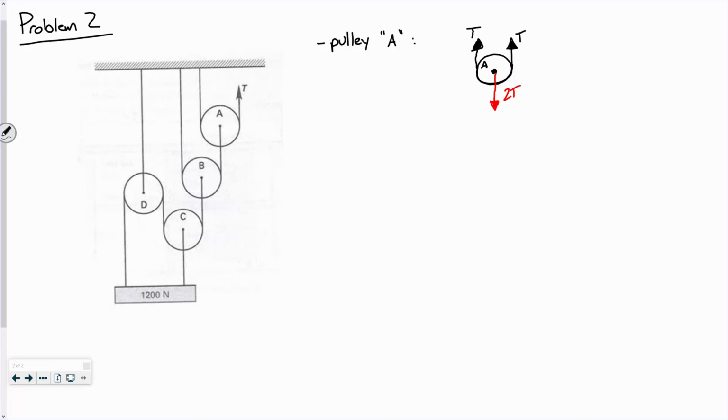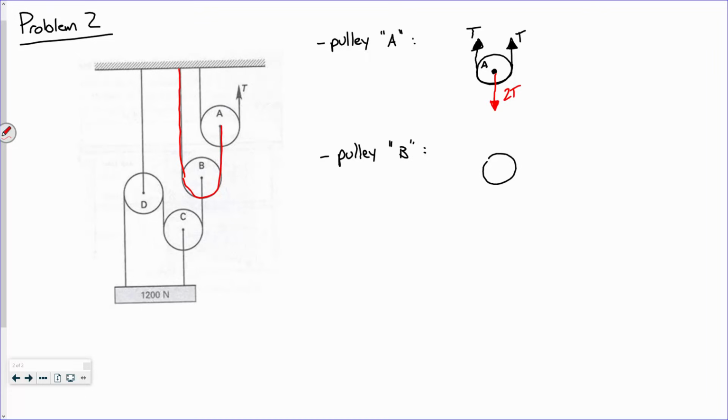Now let's do pulley B. Is there anything else going on pulley A? All right, so pulley B, very similar. Here's the pulley. Notice how I drew this in red, because what I'm trying to do is represent that rope right there.